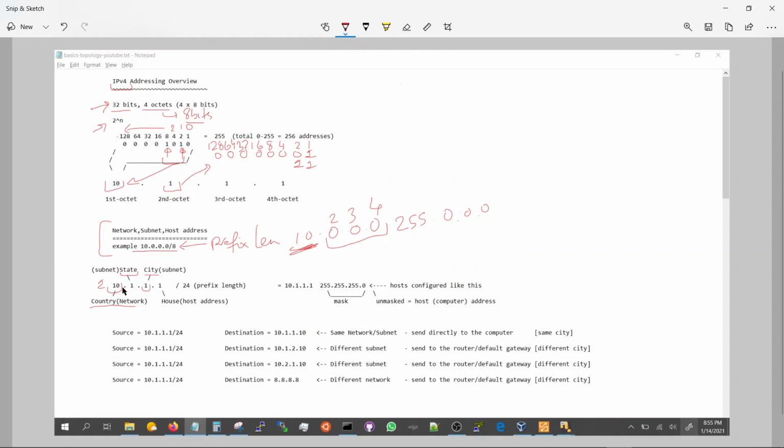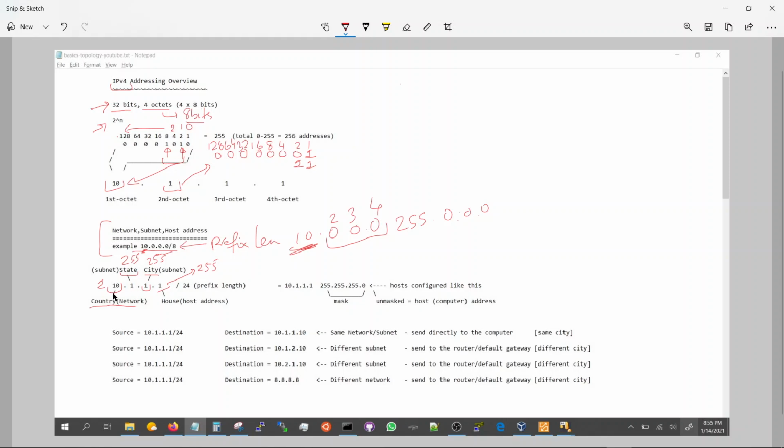In this given network, it's a private 10.network, you can represent 255 states, 255 cities, and on the fourth octet you can have 255 computers, or houses, or whatever you want to call it in this example.